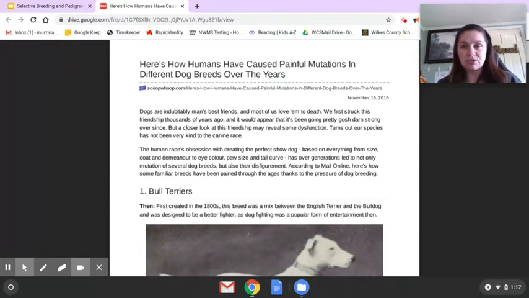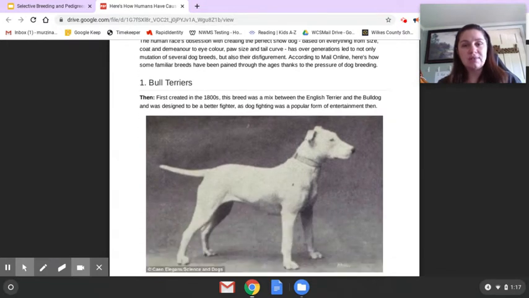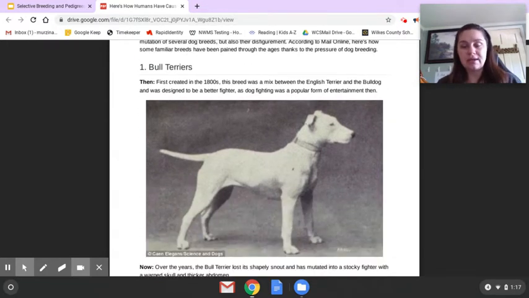And real quick, I'll scroll through and show you that in the 1800s, this is what bull terriers looked like. If you don't know what a bull terrier looks like, you'll probably recognize it as I scroll down. But take a look at this. This is what a bull terrier looked like in the 1800s. People would breed dogs for fighting.